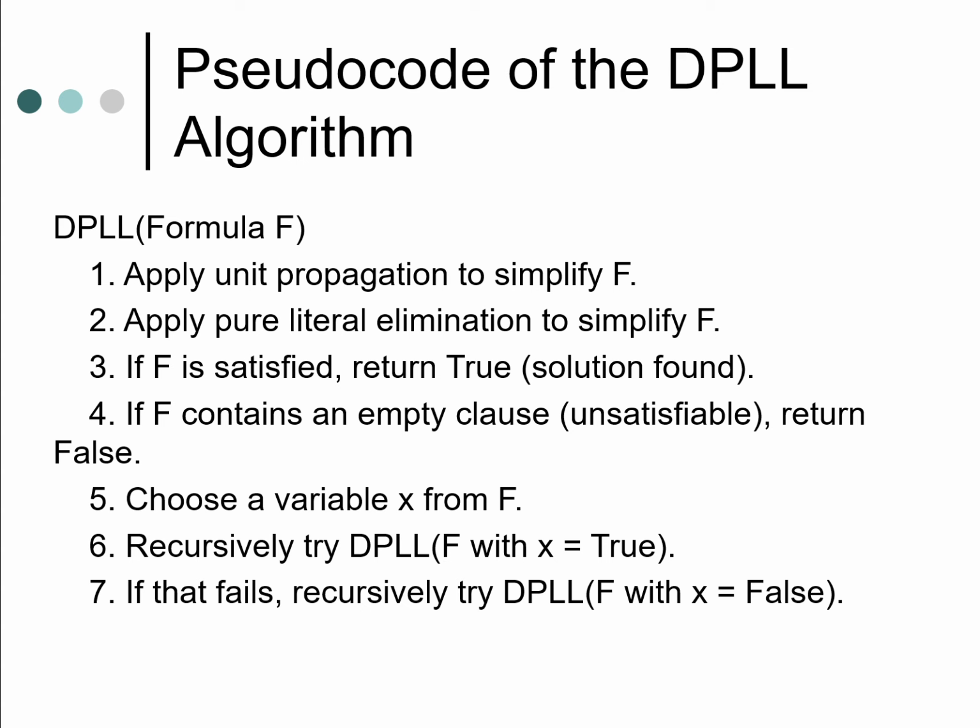Otherwise, you choose a variable x from formula F, and try the DPLL algorithm on the formula with x equal to true. If that fails, you recursively try again with x equal to false. If the recursion with false also fails, the formula is not satisfiable at all, and it is considered unsatisfiable.